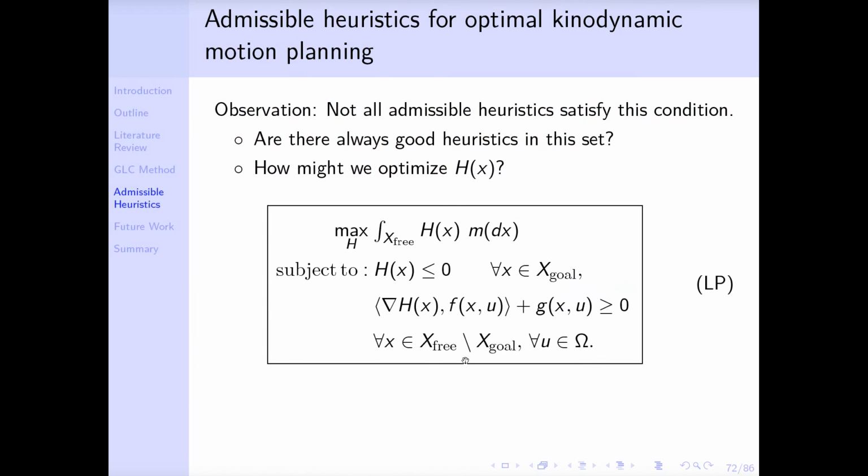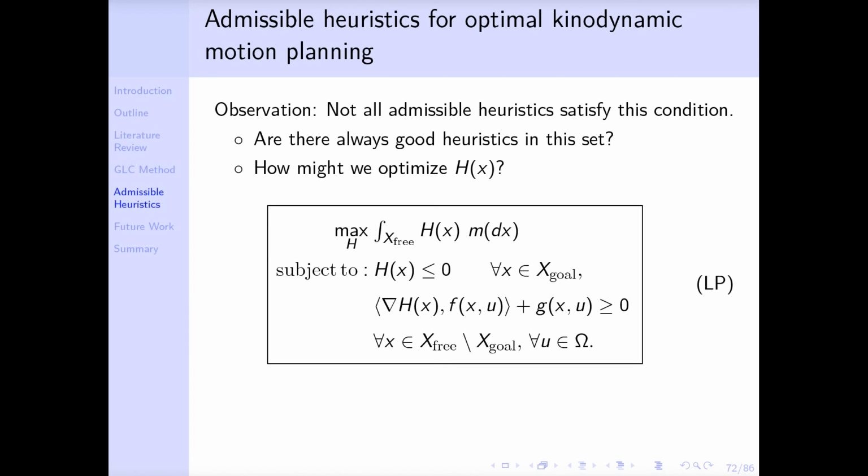So one way of doing this is just to try and formulate an optimization. So let's just try and maximize the integral of the heuristic over the free space, subject to the admissibility conditions. And what's interesting about this optimization is it's actually a linear program, or an infinite dimensional linear program, because you see this objective is linear in h, and then both of the constraints are actually affine constraints in h.